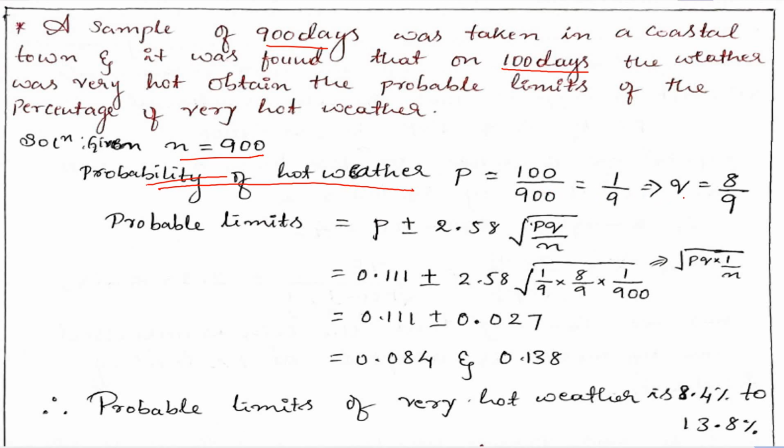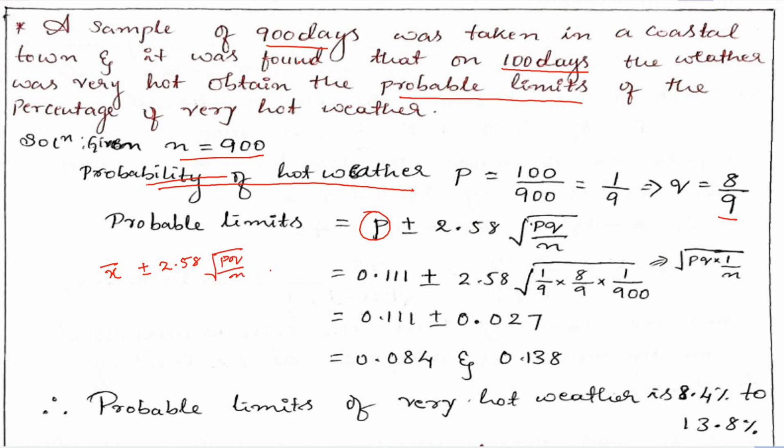Once I know P, I will know the Q value, 1 minus P. By doing that, Q is 8 by 9. As the problem is asking to find probable limits, we use this formula. Some textbooks use X bar plus or minus 2.58, which is the confidence interval formula.